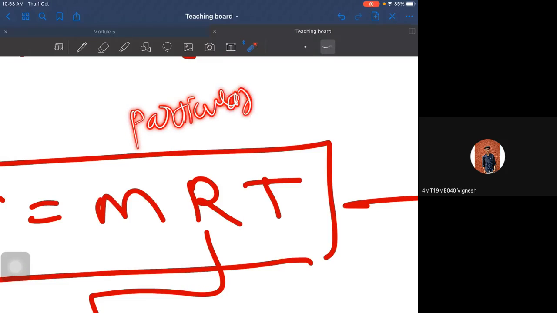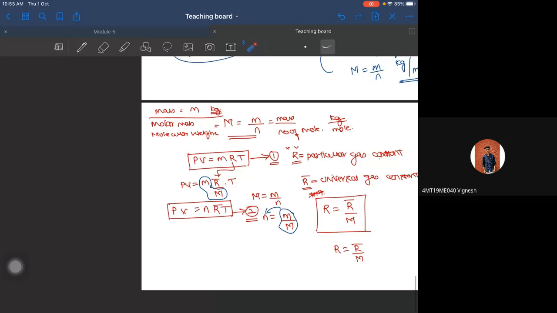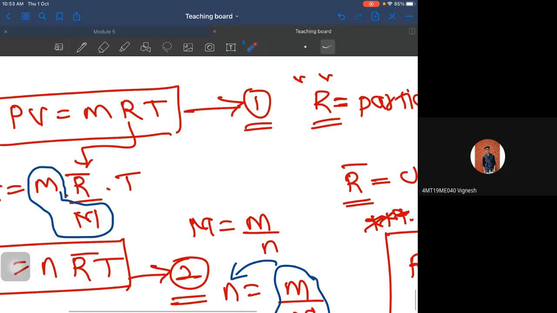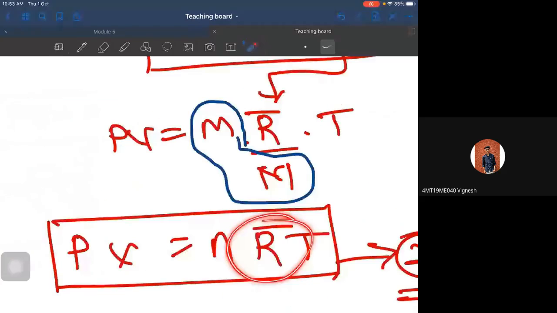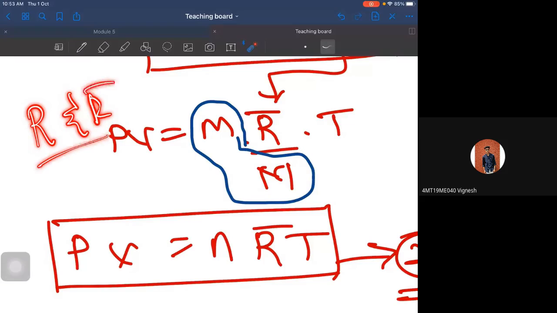When you say it in terms of n, it is R dash, which is nothing but the universal gas constant. So that is the difference. What is the difference between R and R dash? Particular gas constant and universal gas constant. Now tell me the two different forms of the ideal gas equation, Vignesh.